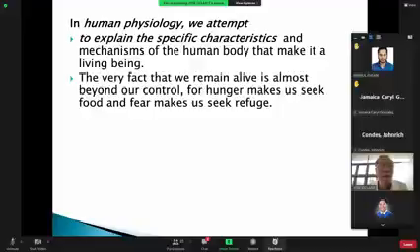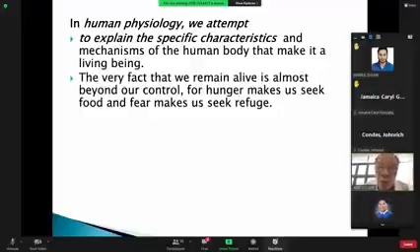And fear, if you feel fear, that's still a physiological mechanism; you tend to seek refuge as a response to your fear. Being afraid needs a refuge, which is actually a physiological response.